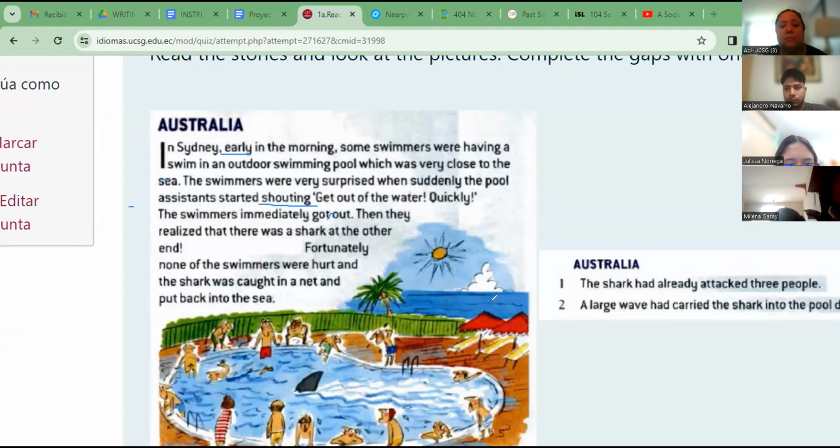The swimmers immediately got out. Then they realized that there was a shark at the other end. Fortunately, none of the swimmers were hurt, and the shark was caught in a net and put back into the sea.